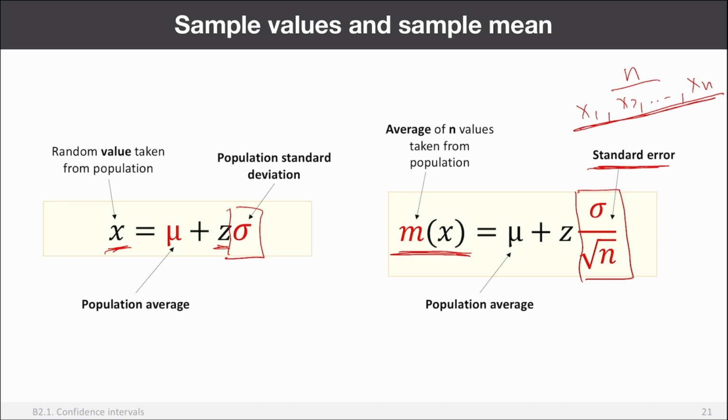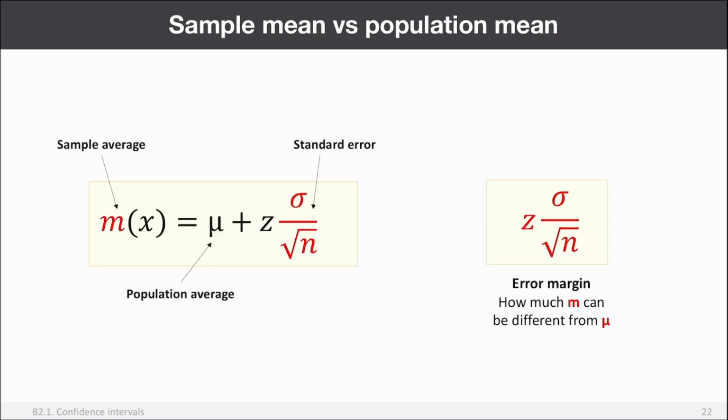Okay, so that's the main difference. So when we say standard deviation, we talk about values. When we say standard error, we talk about statistics, in this case about sample average. Okay. So this magnitude of variation, how far average of your sample can go from average of your population, we will call error margin.